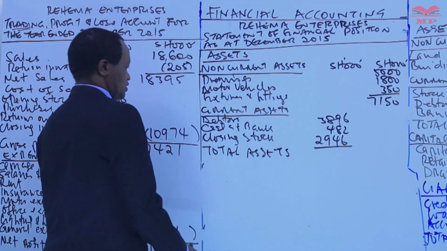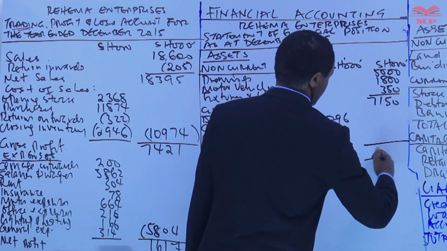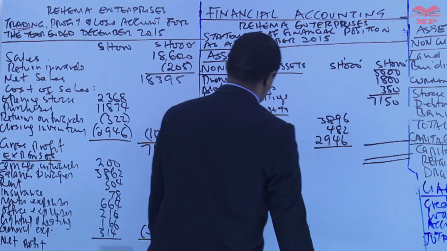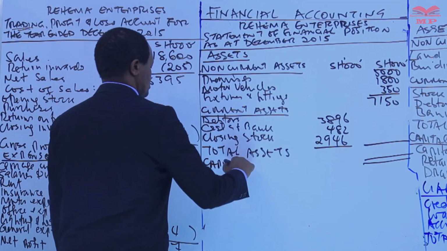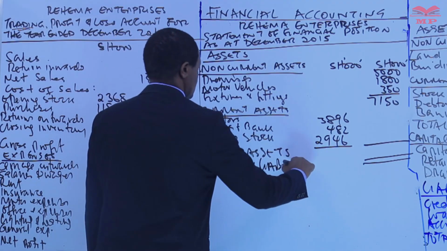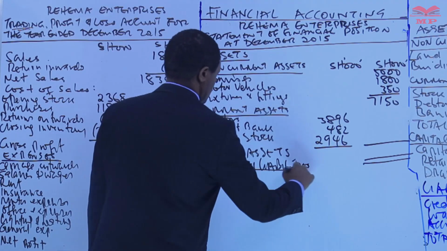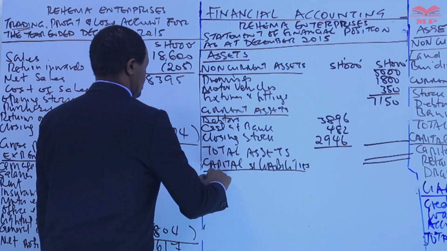To this total assets, we just close, get the total there, then we close that bit. Then here we have capital and liabilities. You can begin with either capital or liabilities. Let's do capital.